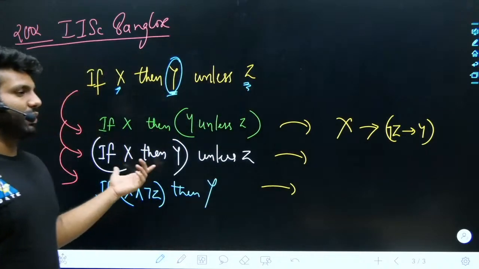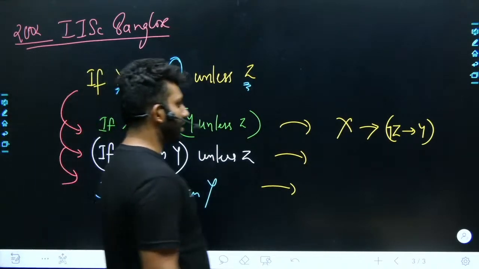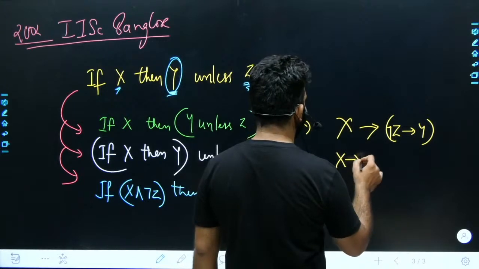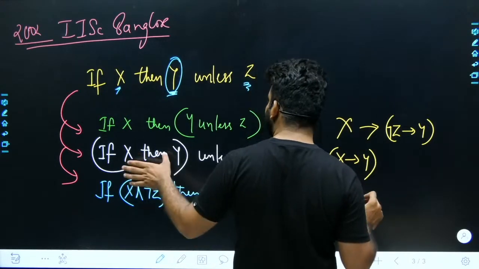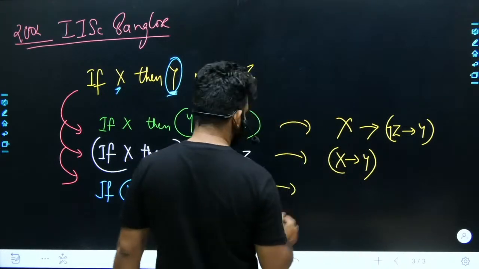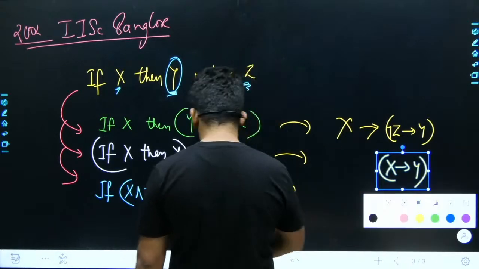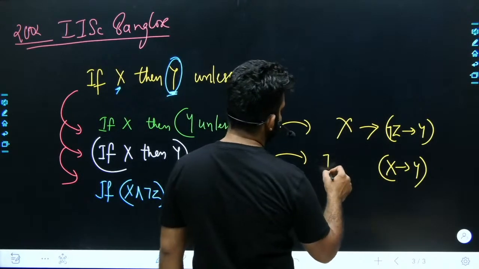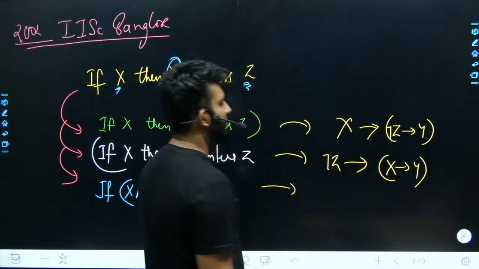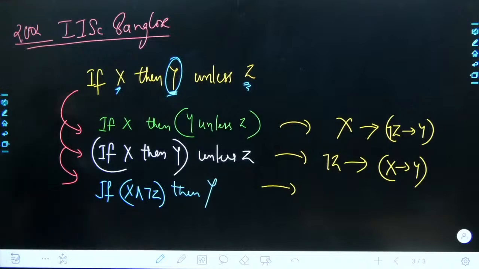What do I write for this one? The second one. Okay, that is X implies Y, and this complete part is being implied by not of Z. This complete part is implied by not of Z. Again, important point.